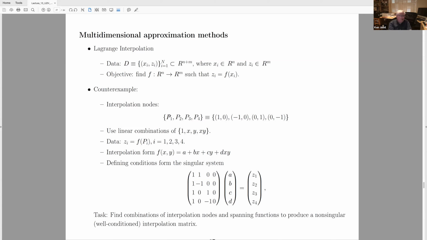By the way, even if you did a regression approximation where you did some over-identification, it's still not a good idea. The combination of uniform points and polynomials is not a good approach. It's not a good scheme. The quality of an approximation depends greatly on the set of points at which you have data.